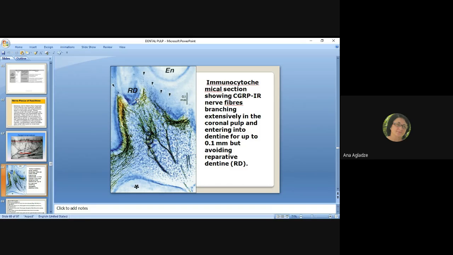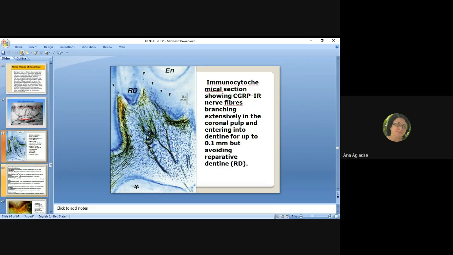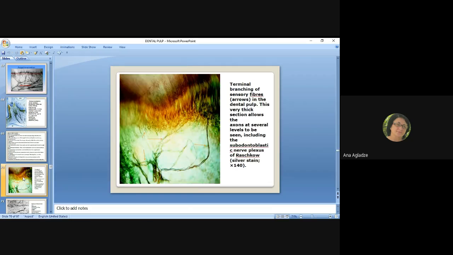And here you can see reparative dentin, and maybe we can see this plexus of Raschkow, and you can see the branches which approach through the odontoblast. This is odontoblast and even odontoblast processes and tubules.